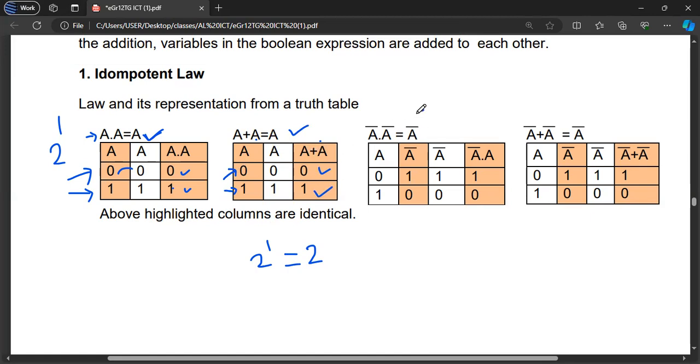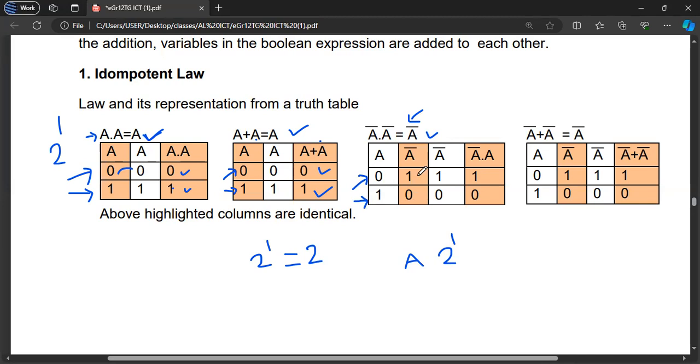Then once you consider this scenario, A bar dot A bar is equal to A bar. First, here also we have one input, A. If there is one input, 2 to the power 1 is 2, where two combinations are possible, 0 and 1, right?